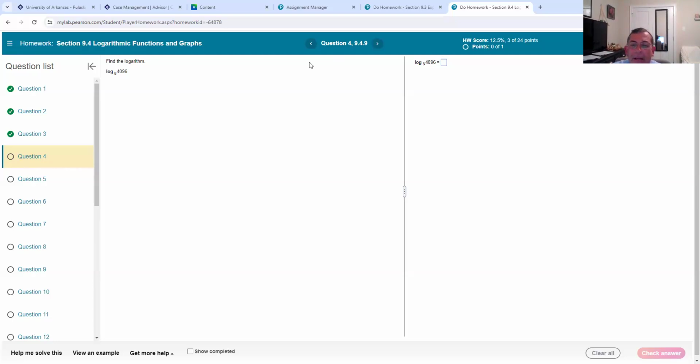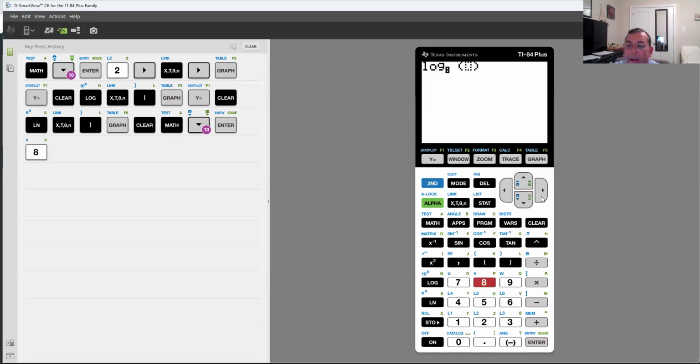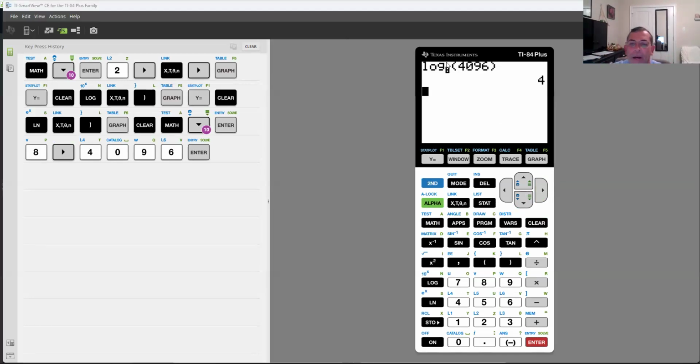Well, let's go ask our calculator. We're going to hit math, arrow down to log base, hit enter. Our base was an 8, our result was 4,096. When we hit enter, we get an exponent of 4. So that means 8 times 8 times 8 times 8 equals 4,096. So we got a 4 there.